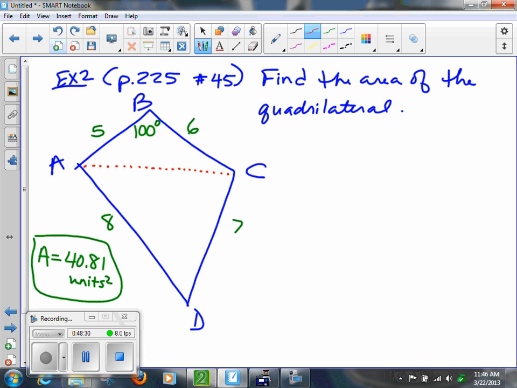That's a good question. Oblique means it's not right. How are you going to find the area of the whole thing? You're going to find the area of triangle ABC.